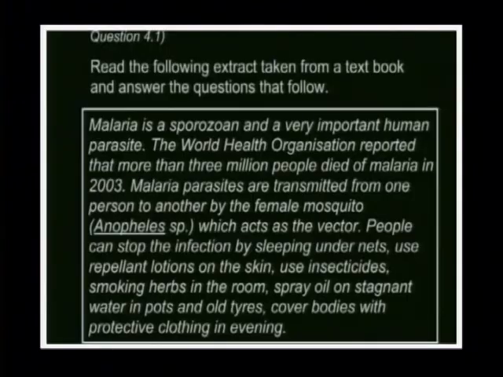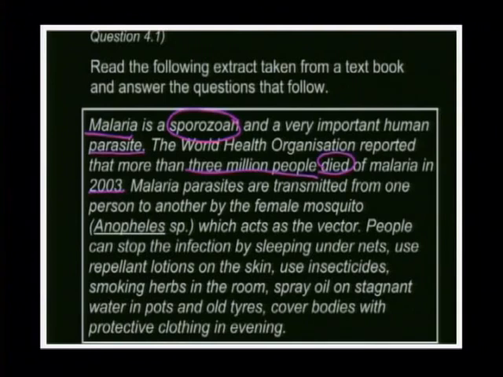Let's move to question 2. Question 2 gives us a reading study, and remember to highlight important bits as you go through. Malaria is a sporozoan and a very important human parasite. World Health Organization reported that more than 3 million people died of malaria in 2003.